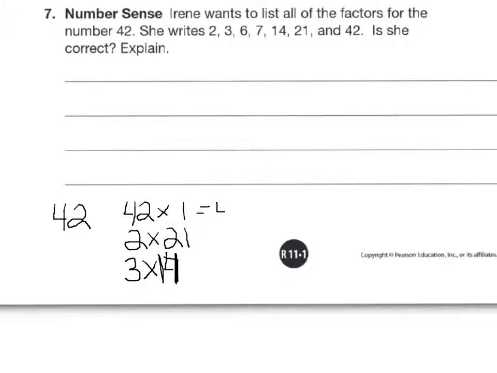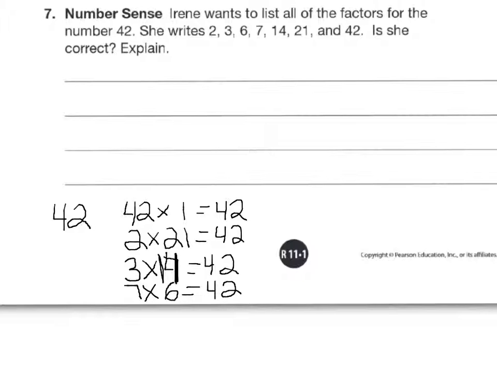Right, so that equals 42. What's another one we can do? Are there any more we can do? I don't think so. So, oops, yeah, there are. 7 times 6 equals 42.